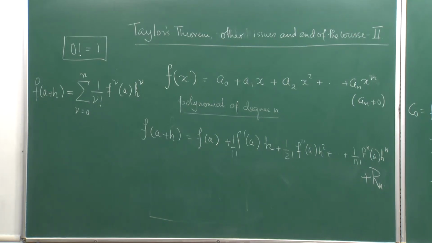To prove how the remainder term looks needs a lot of work, which we are not going to get into, because in the last class we do not want to get into too much detail.